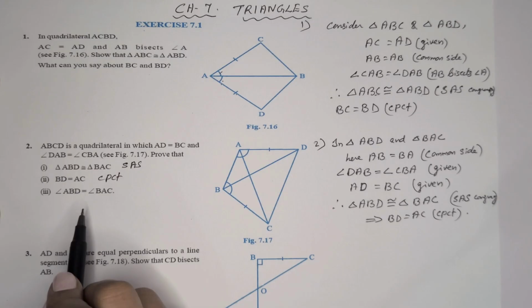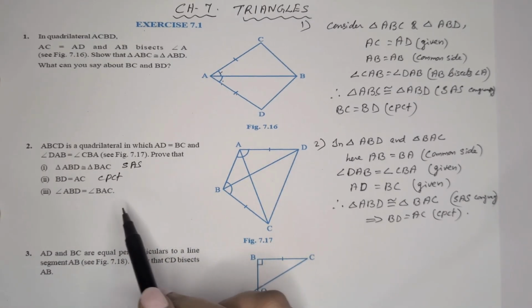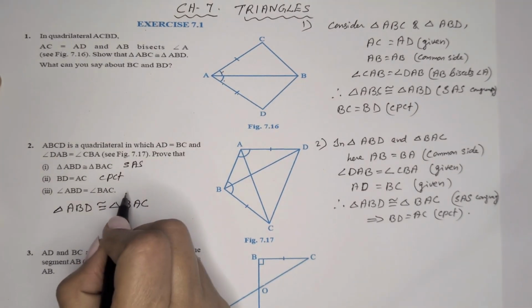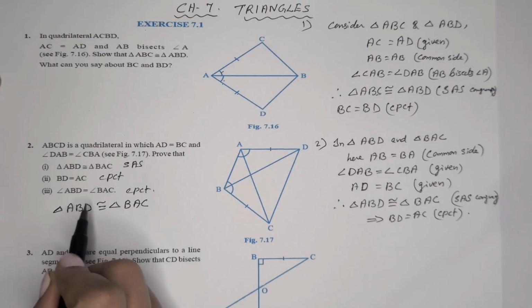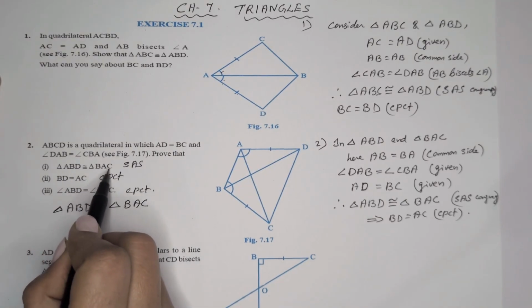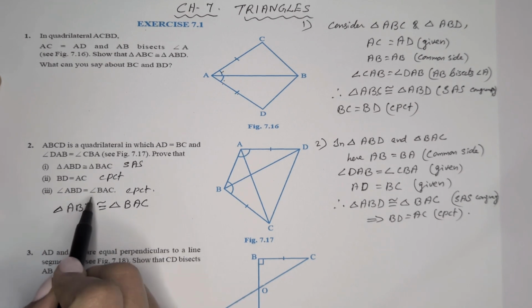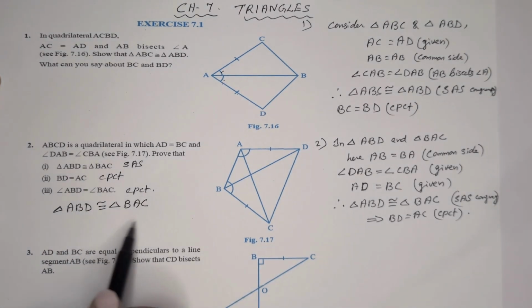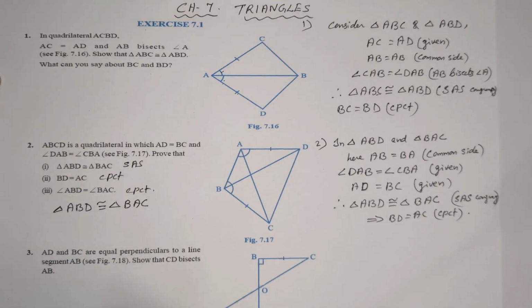Then angle ABD is equal to angle BAC. That is also coming from CPCT, since we already proved that triangle ABD is congruent to triangle BAC. Corresponding parts of the congruent triangles.